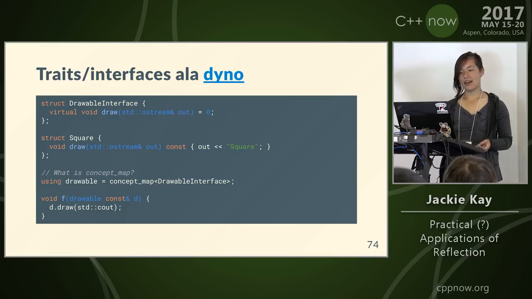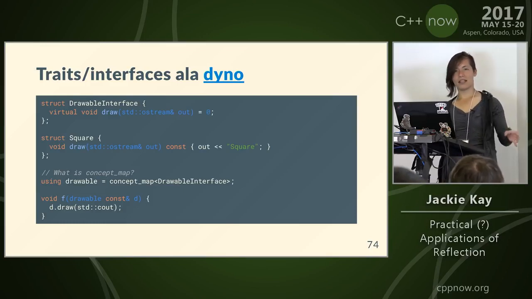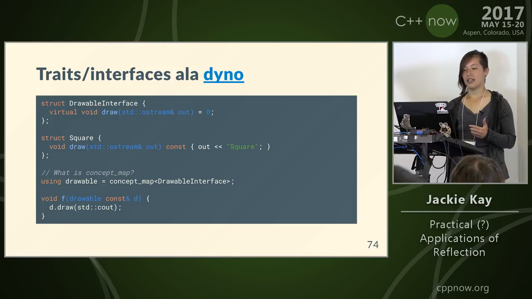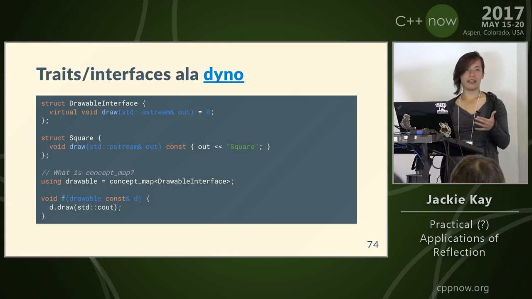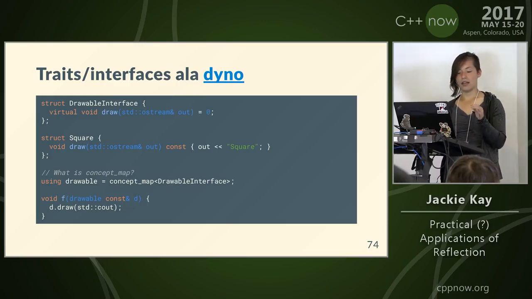Another thing that probably a lot of people at this conference have already seen, but I think is in the future of the language, is the idea of implementing virtual traits. And this is a library we wrote called Dino that introduces a new way of dealing with runtime polymorphism. So it requires some boilerplate in order to implement an interface, which is kind of delegated to the polymorphic storage.